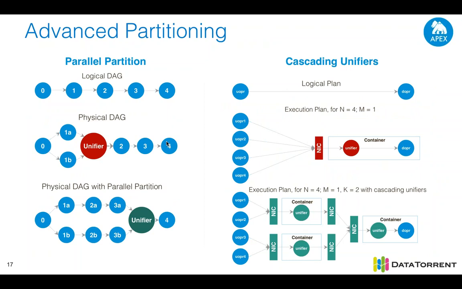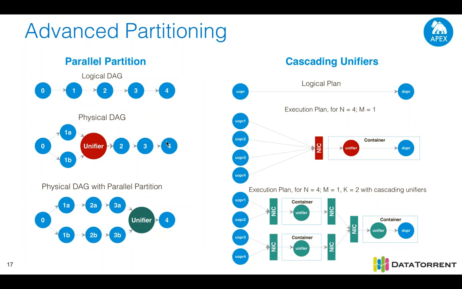So more partitioning schemes. This is a unique partitioning scheme we support called parallel partition on the left side. Here, let's say you don't want to shuffle, but you're doing multiple layers of processing on the same piece of data.